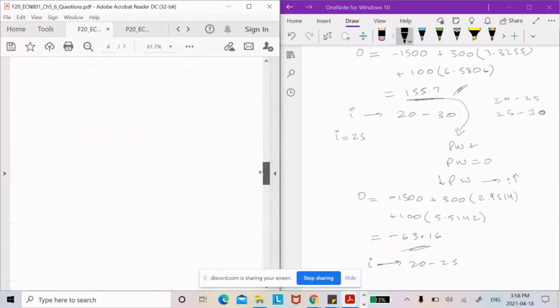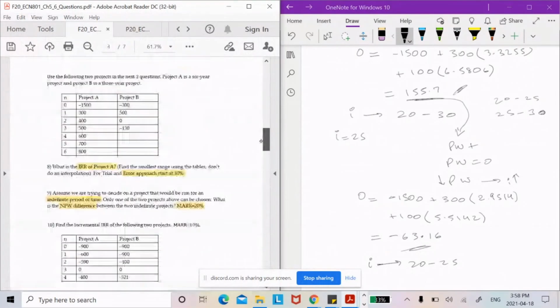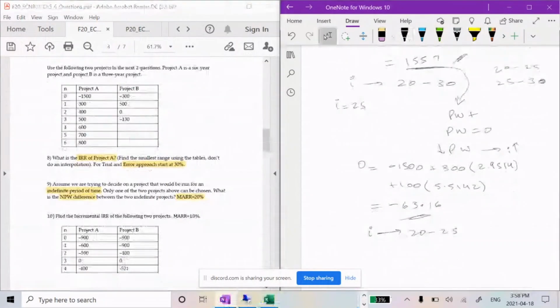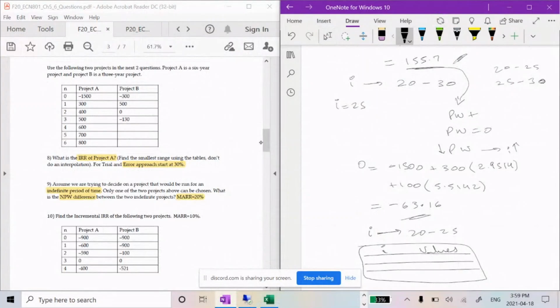I'll tell you how exactly to find the exact value for I. You can make a small table, writing down the I's and the values of the present worth. So it's going to be 3 different rows. At I equals 20%, we get 155.7.